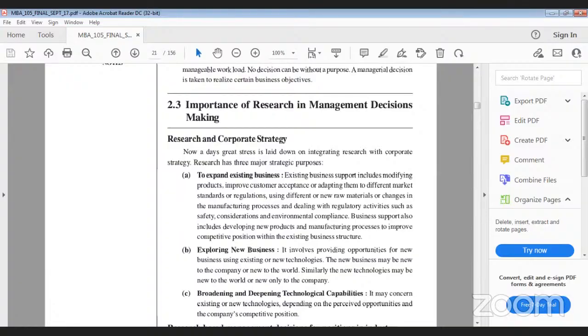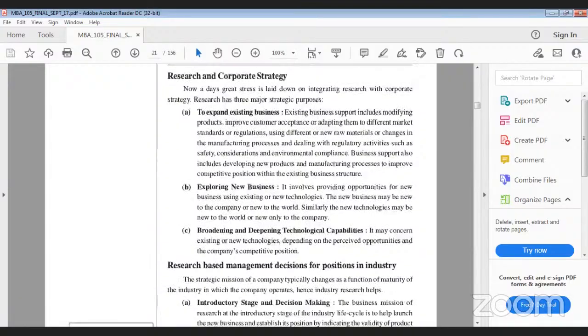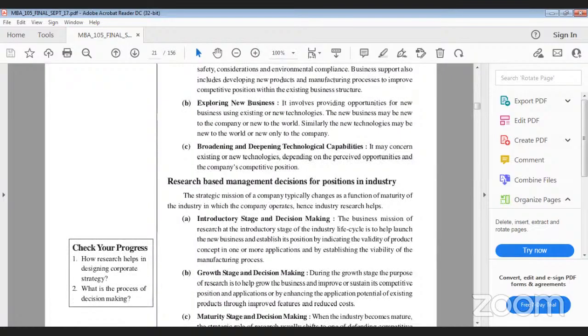Similarly, the new technology may be new to the world or new only to the company. Broadening and deepening technology capabilities, which may concentrate on existing or new technologies depending on the perceived opportunities and the company's competitive position.